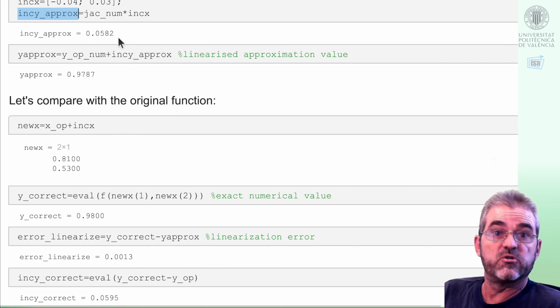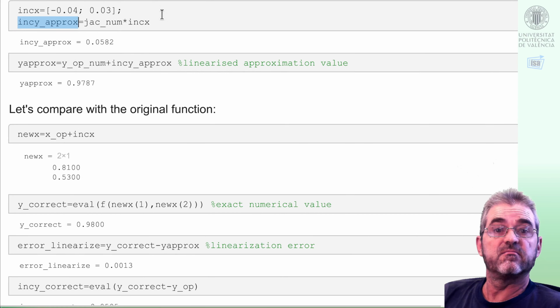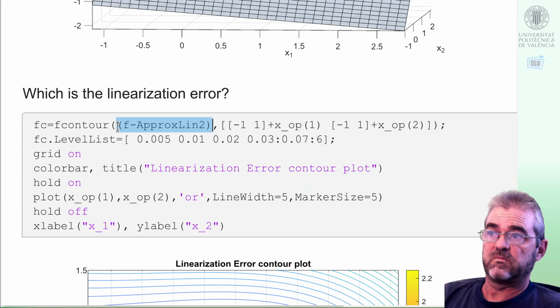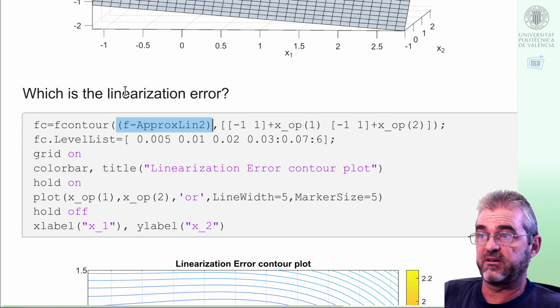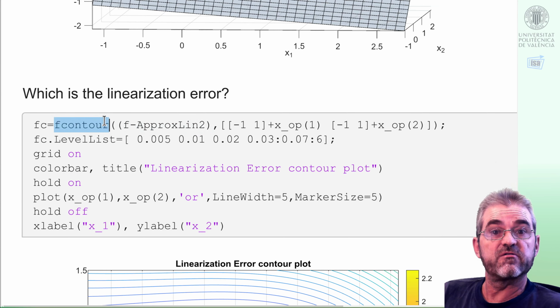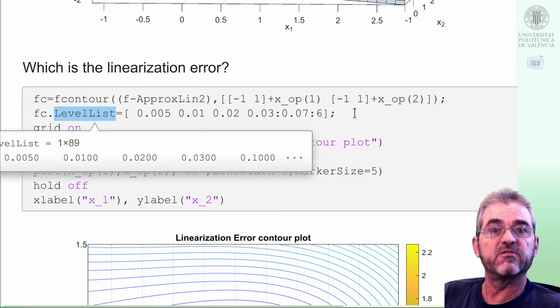Well, this is the numerical analysis of the error at a given single point, but we may compute the linearization error as the true f minus my linearized approximation in this tangent plane. And instead of doing a surface plot, I will plot now a contour plot with f contour at a given list of levels for a pretty figure.